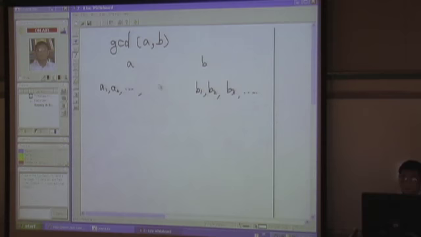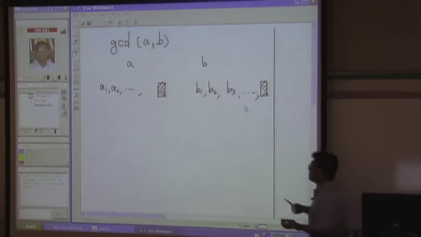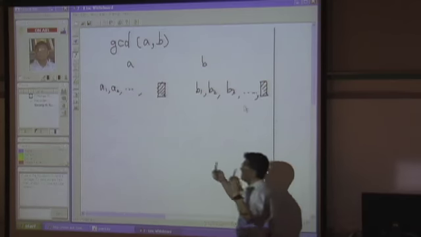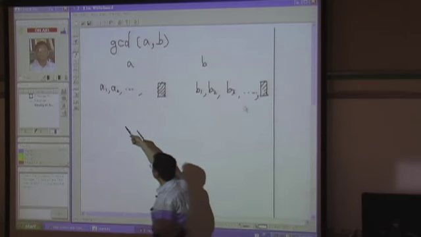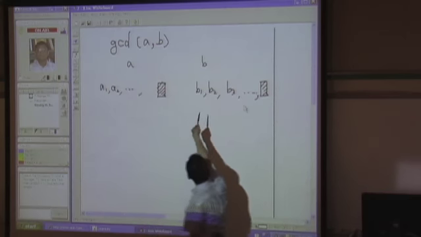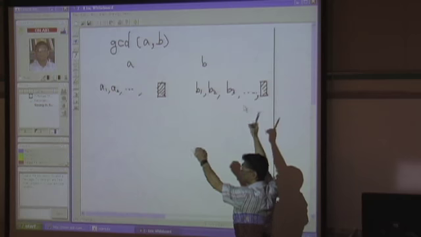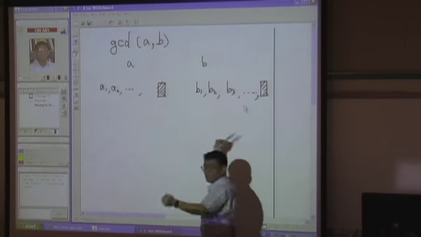Then somewhere we can find the greatest common divisor of the two. Do you follow me? So there are two numbers A and B. Then we write down all the possible divisors of A and all the possible divisors of B, and we can find the common ones. This is the definition.